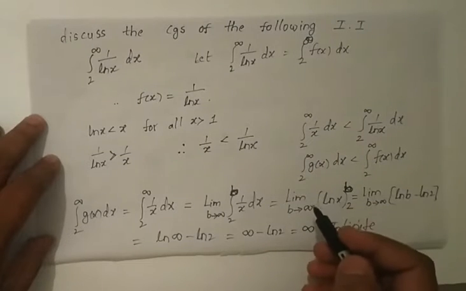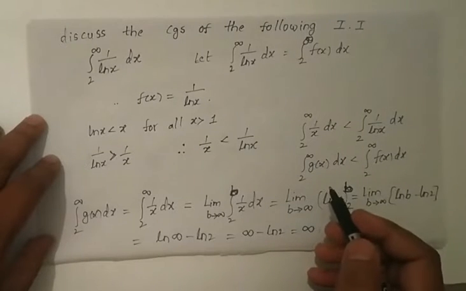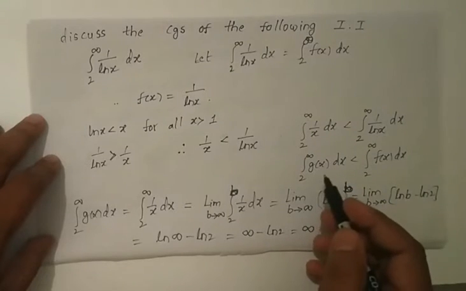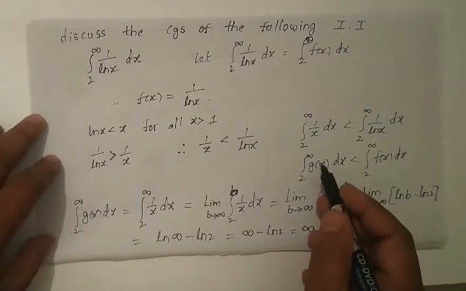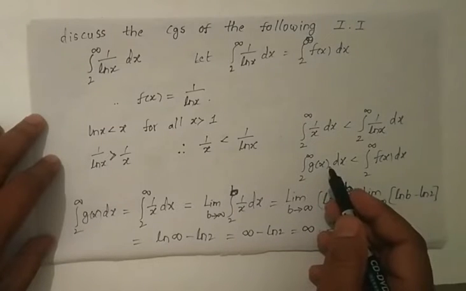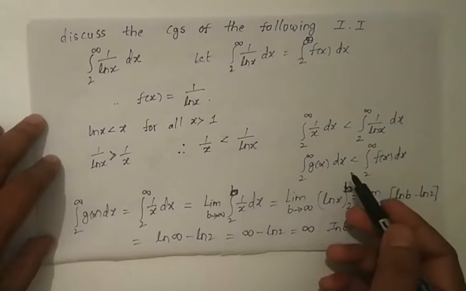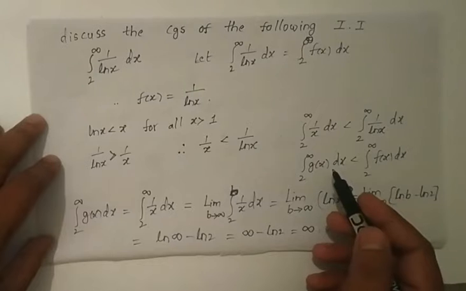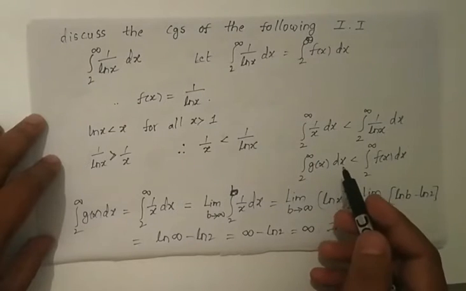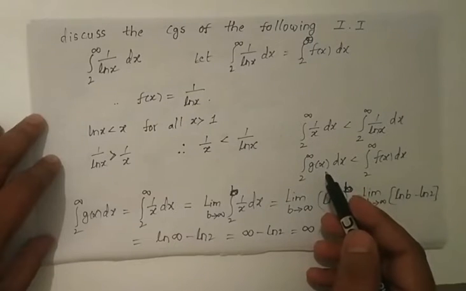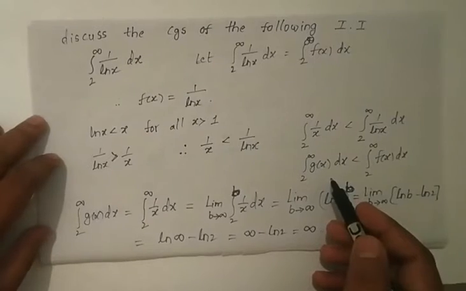But the integral from 2 to infinity of g of x dx is nothing but the smaller function. Already we know that if the integral of the smaller function is divergent, then the integral of the bigger function is also divergent.